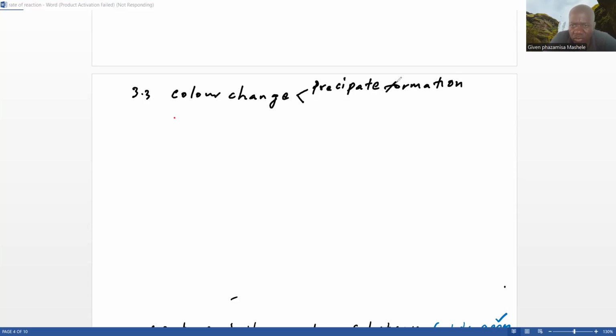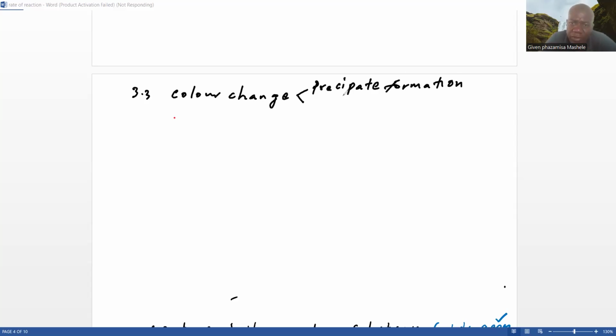So number 3.3, we can measure the rate of reaction by looking at the color change. And this color change can be used in two ways. Whether we're looking at what we call a precipitate formation. And guys, what do you mean by a precipitate?